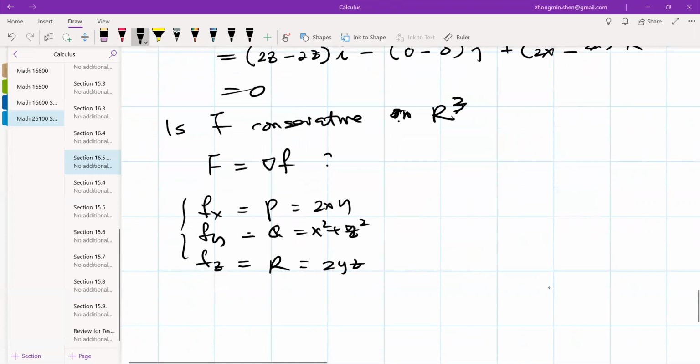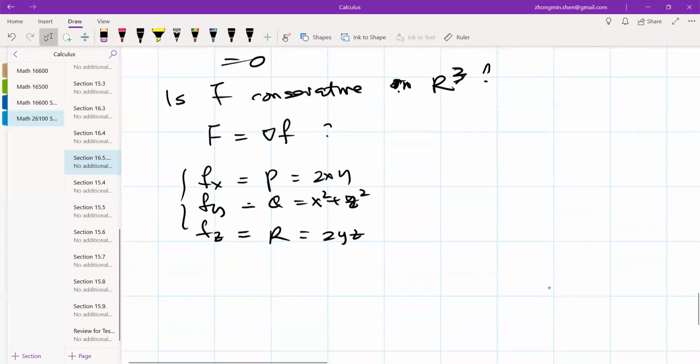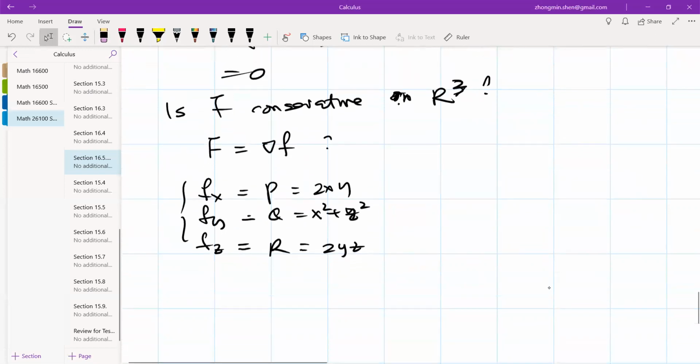R3 is a perfect domain. So is f conservative? It depends on the domain. If f is conservative on R3, let's figure this out by trying to solve these equations.